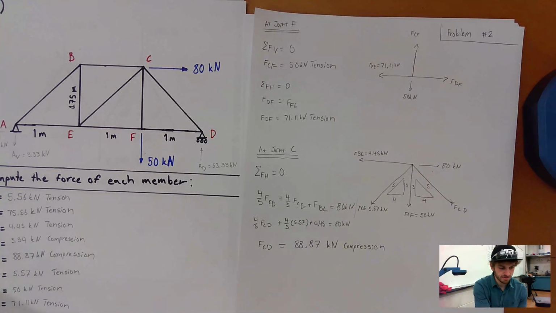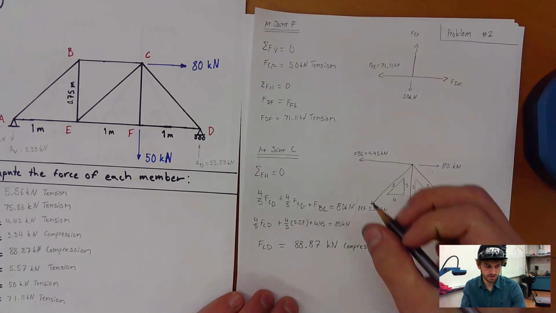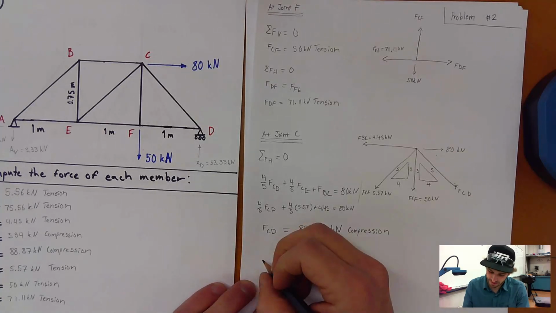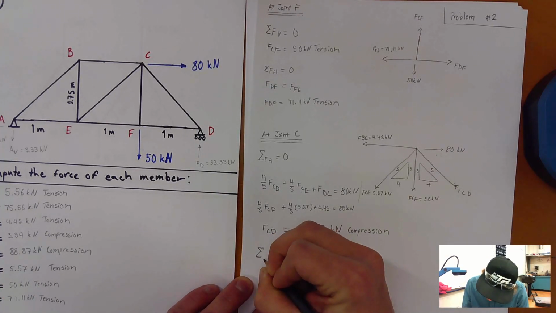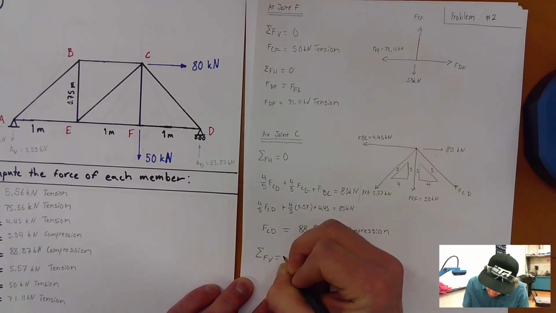Let's finish off by doing, we have everything, but it might be worth it to just do some checks if we figure out the last couple of joints. So let's take a look at the sum of the forces acting vertically equals 0.